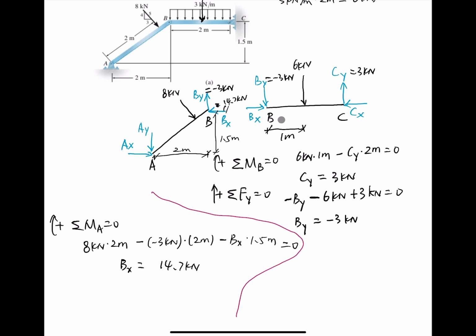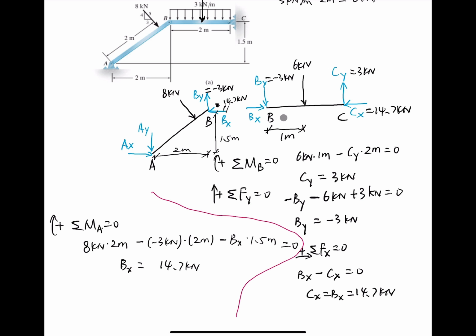If we write down the equation of equilibrium in x direction, if we say the positive direction is to the right hand side, so we have Bx minus Cx going to left hand side, equal to 0. So Cx equal to Bx equal to 14.7 kilonewton.